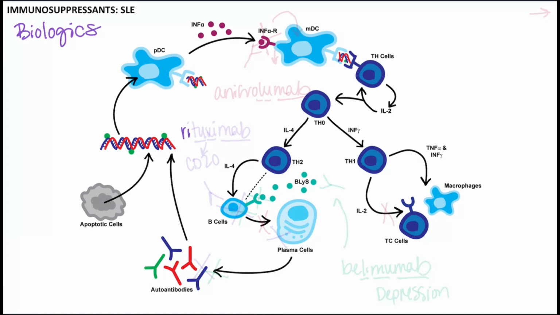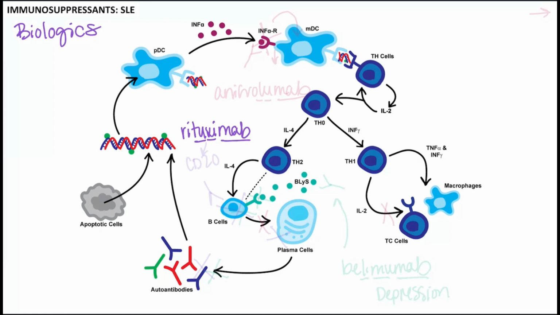The first agent will be rituximab, which is a chimeric monoclonal antibody, but the central TU actually denotes this as a tumor targeting agent, because this agent is not only used in SLE, but it is also used for B cell non-Hodgkin's lymphoma, which is a B cell issue.